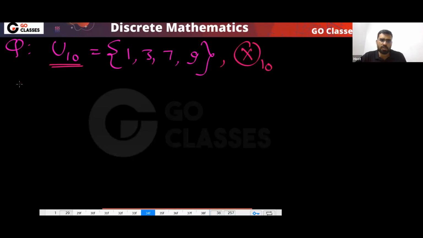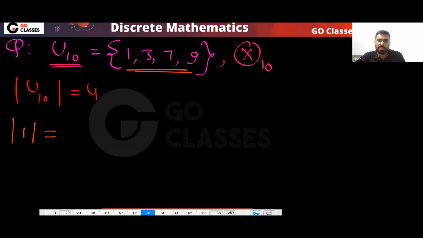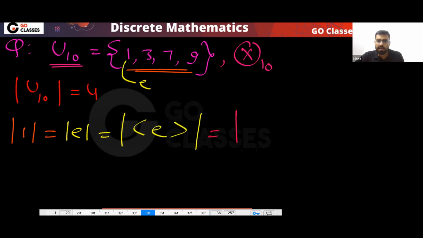First tell me the order of U10, that is, the order of this group. That will be 4. The order of a group is very simple: it is the number of elements. Now tell me the order of 1. Remember, 1 is the identity element. The order of the identity element is the size of the subgroup generated by it. That subgroup is only the identity element, so the order of 1 will be 1.